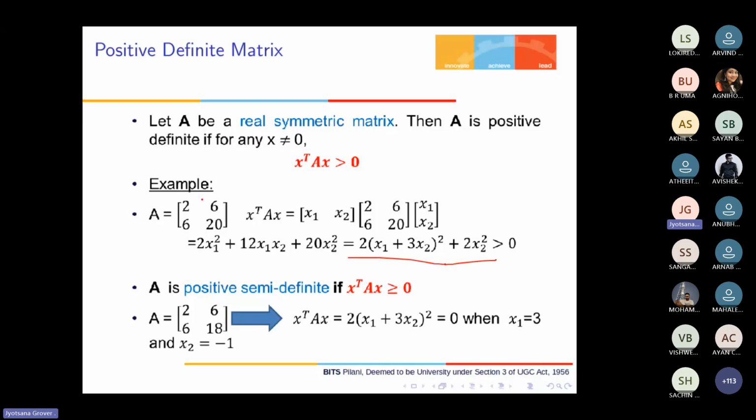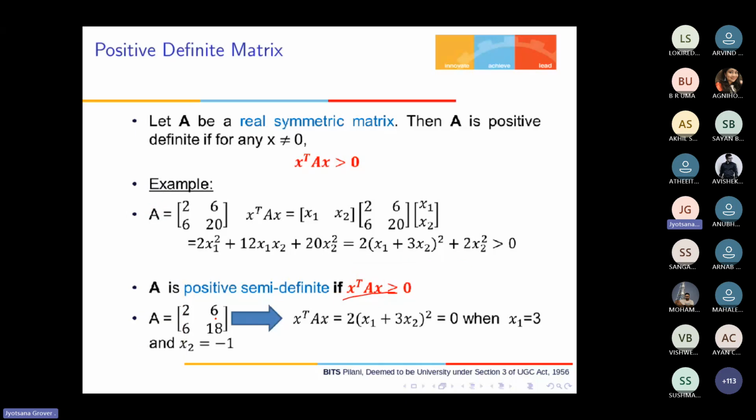So you say A is a positive definite matrix. Now what is positive semi-definite? Semi will, when you have greater than equal to sign, greater than equal to 0, only then. That means for any non-zero x, if this becomes greater than equal to 0, then you say, okay, it is positive semi-definite.